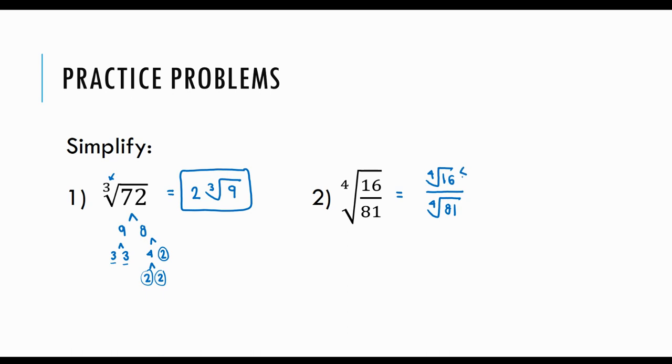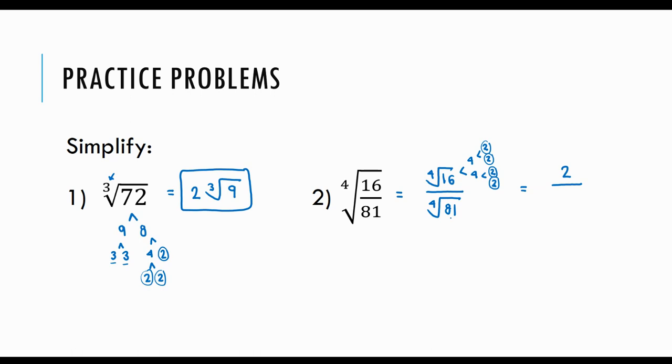So if I start with 16, remember 16 could be 4 and 4. Those are not 4 of the same number, but notice that very easily 4 gets broken up into 2 and 2. So notice that there's 1, 2, 3, 4 2s, which tells me that because there's no other numbers left over and I have the index that I wanted of that amount of numbers, I no longer have a radical in the numerator. The fourth root of 16 is just 2.